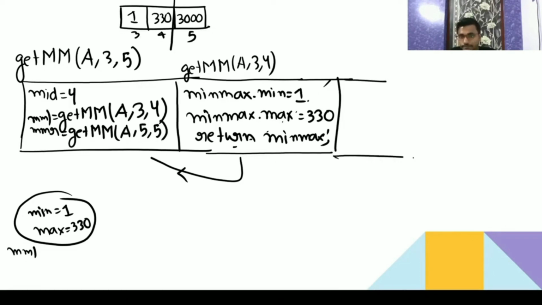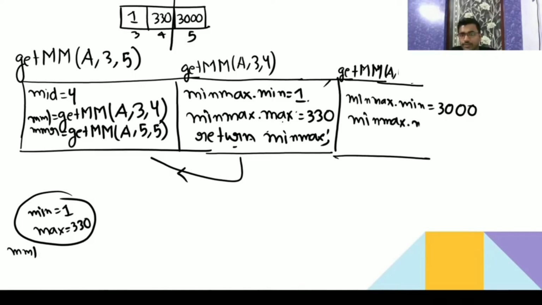If you call get min max on a 5 5, you are going to get the maximum and minimum as that element only. Okay, so min max, min is going to be that 3000, and max is going to be 3000, since only one element is there.